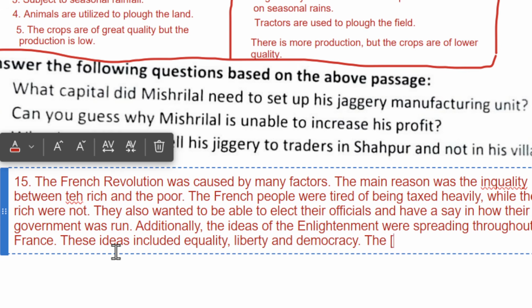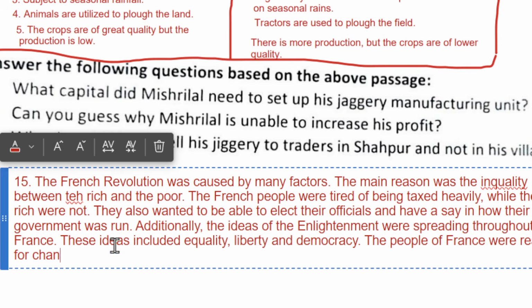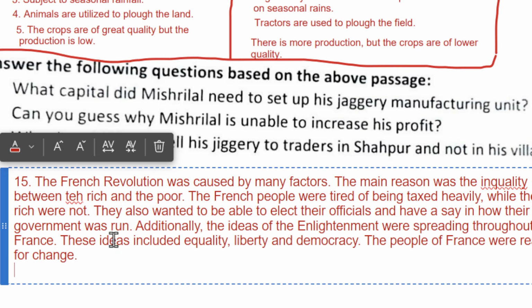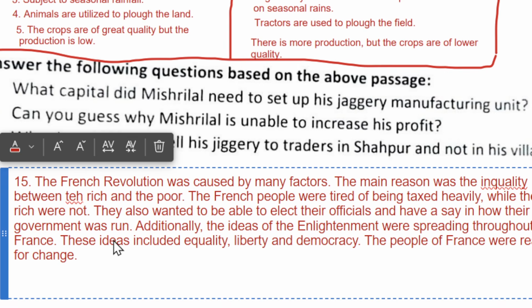The people of France were ready for change. This is the first para, and second para you can start with.